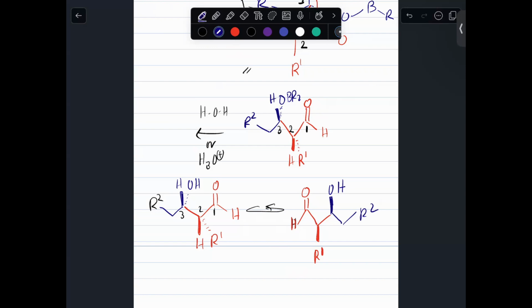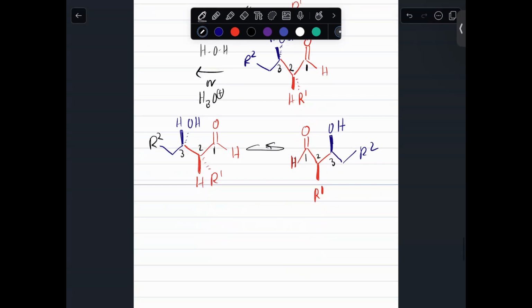And so now I have formed the syn and wedged product from the aldehyde coming in from the back. Do you guys see that?